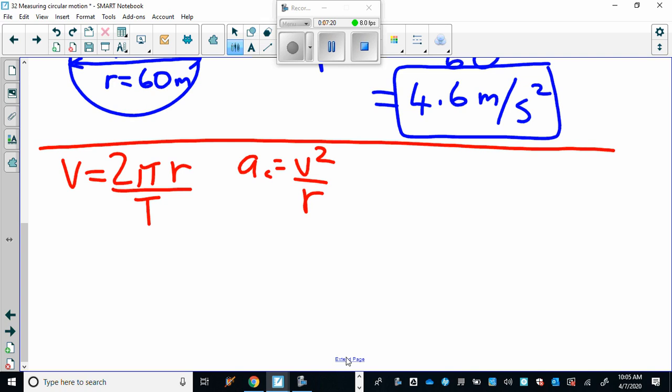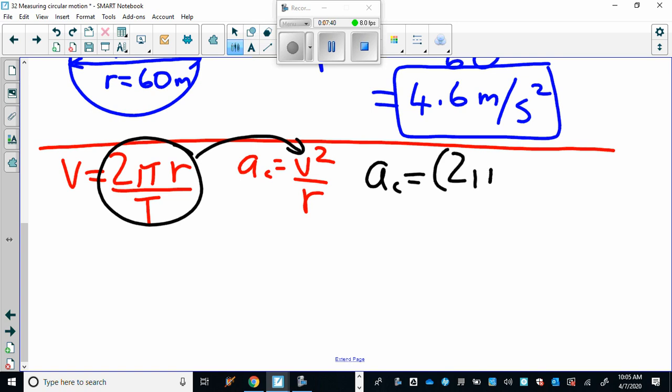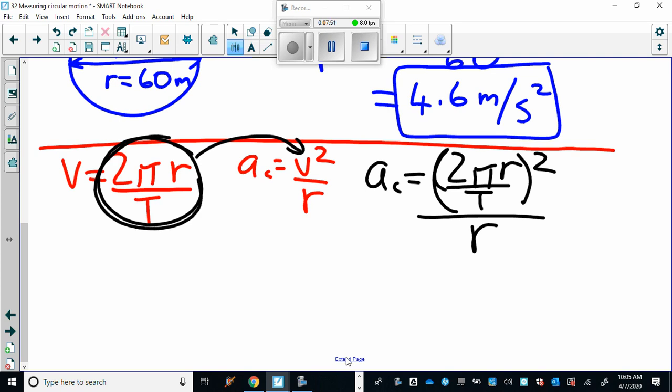If we take this velocity, velocity equals 2 pi r over t, and substitute it in here, we're going to get a new formula for the centripetal acceleration, and we'll discuss why we do this in a minute. a_c equals (2 pi r over T) all squared over r. So we've substituted this entire value in, we square it, and then we simplify.